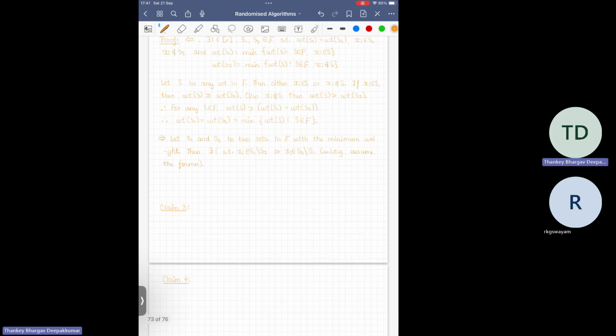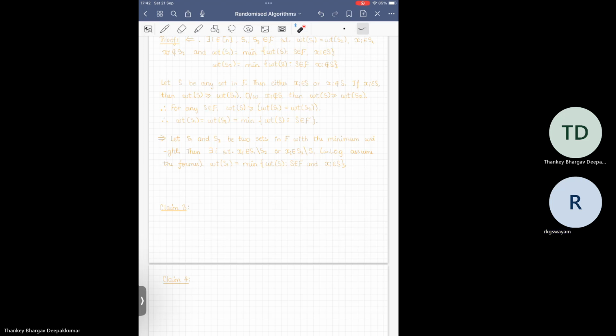So now what do I have? The weight of S1 and S2 is minimum among all sets in F, right? There are two parts to this statement. First, that it's the minimum, and second is this condition, right? So the weight of S1 is minimum among all sets in F. So it's obviously minimum among all sets in F which contain xi, right?